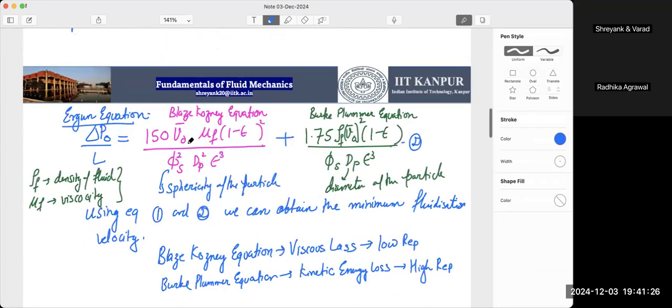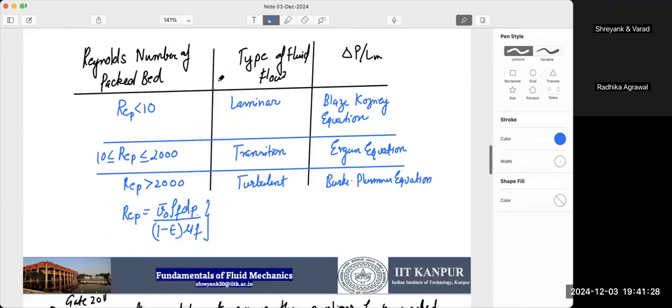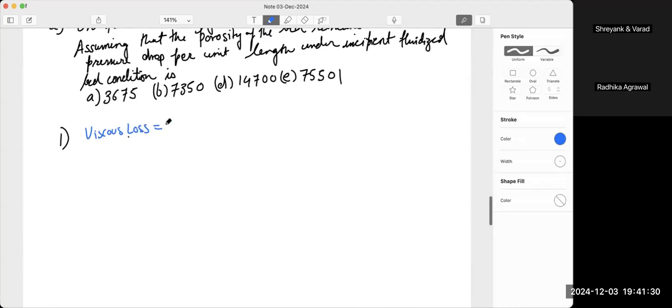The viscous loss is 150 v naught mu_f into (1 minus epsilon) square divided by Vs square dp square into epsilon cube.